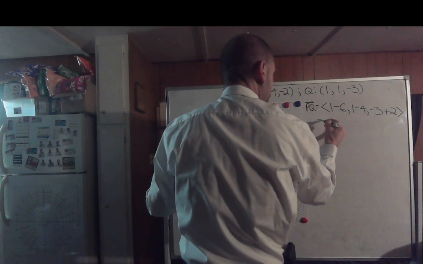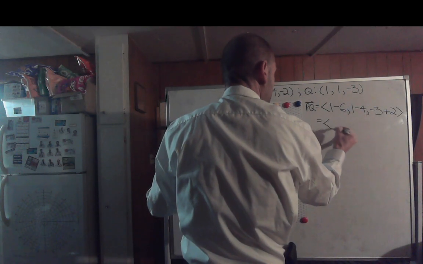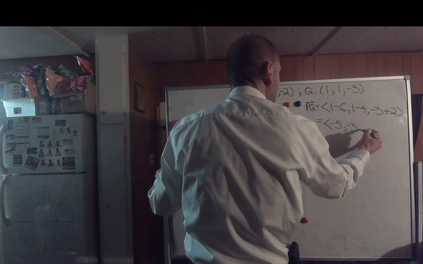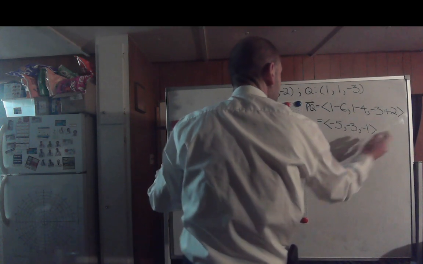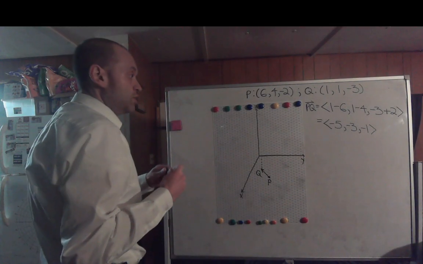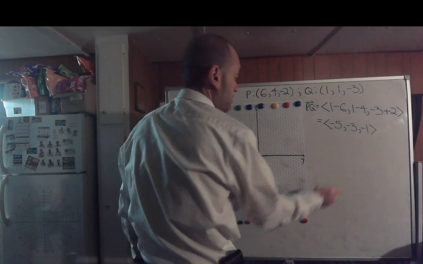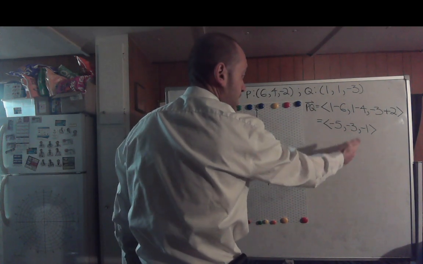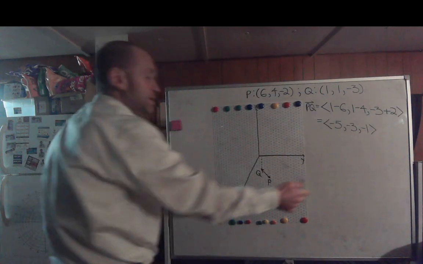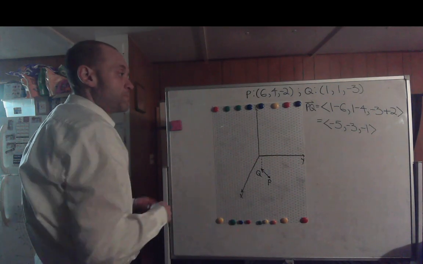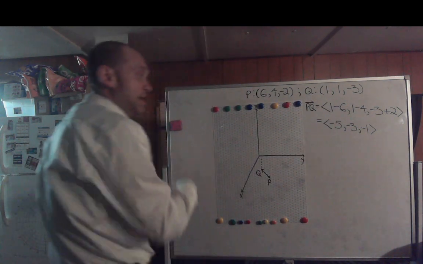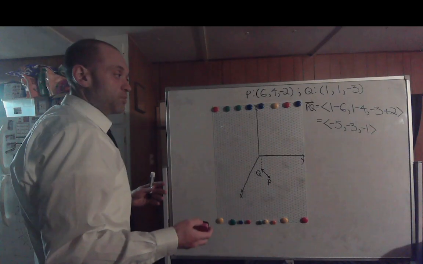So to simplify this, vector PQ would end up being -5, -3, -1. That would be vector PQ, which means I'm going backwards 5 in the x direction, backwards 3 in the y direction, and down 1 in the z direction. So that is my total vector PQ, -5, -3, -1.